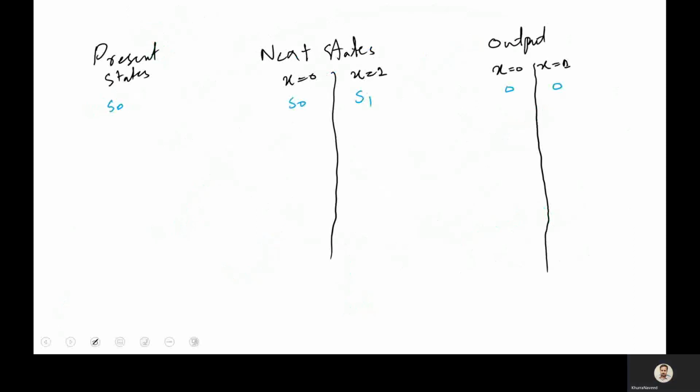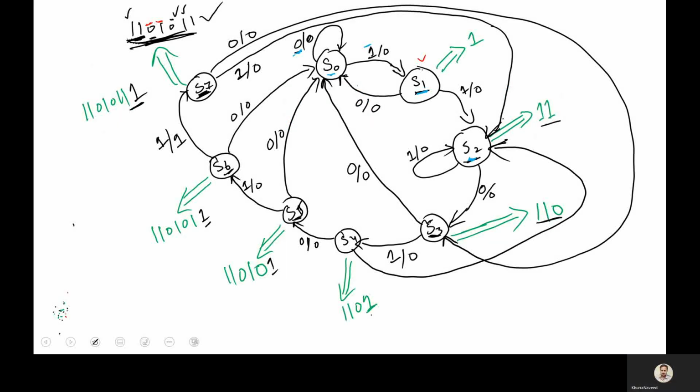So if present state is S1, next state is S0 in case of 0 and S2 in case of input 1, and output in this case is 0 in both cases of input, right? And when we are at this state S2, if input is 0, next state is S3, and in case of input 1, next state is S2, right?